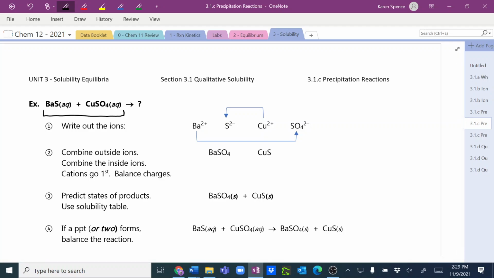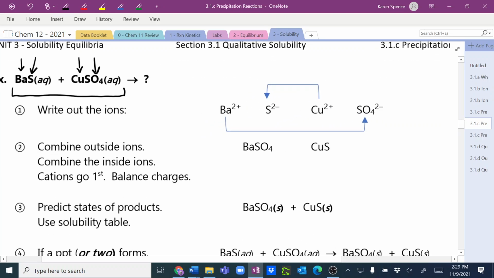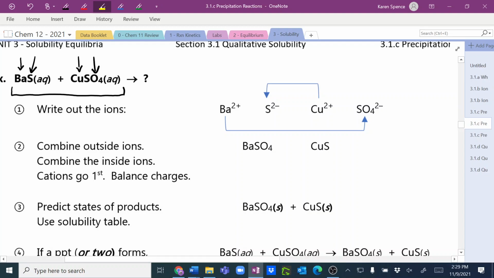Yes, so we have our barium, and we have our sulfide, we have our copper, and we have our sulfate. The thing that is important to do is to make sure that you have your charges correct. Yes? Because if your charges aren't correct, your compound formula won't be correct.